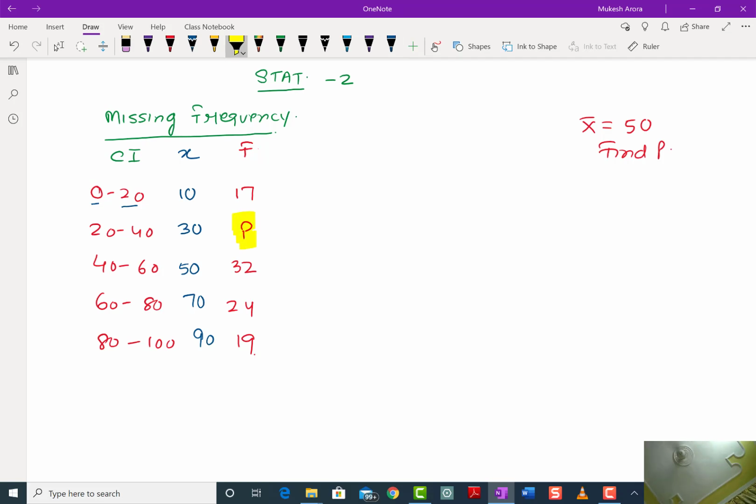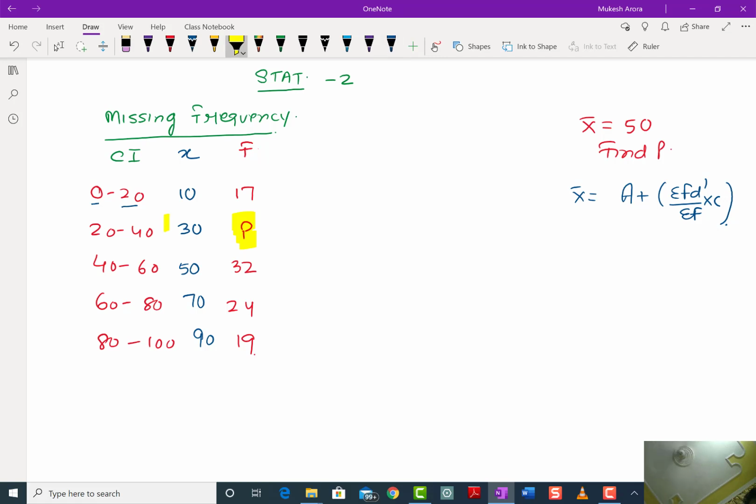One thing you have to remember always: because this is also the assumed mean method, first let's write the shortcut method. The step deviation method is A plus sigma f d dash upon sigma f, into C. For A, we have to assume the mean.